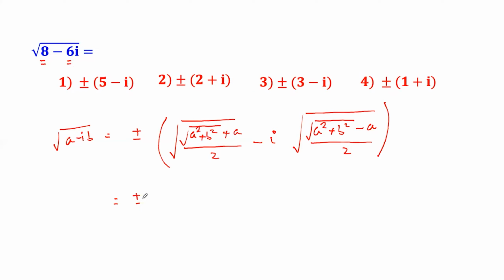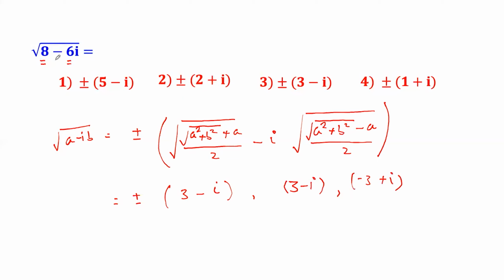So if you look into that, what are we getting? 8 square is 64 plus 36 is 100, under root is 10, right, plus 8 is 18, by 2 will be 9, under root will be 3, minus, subtracting i. So we are getting two answers: first is 3 minus i and second will be minus 3 plus i.